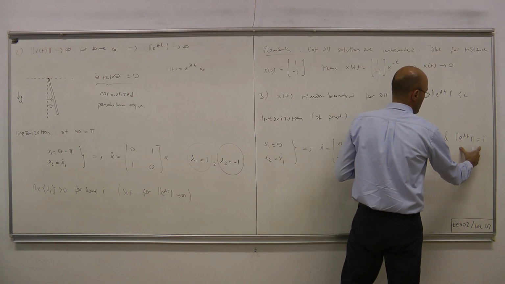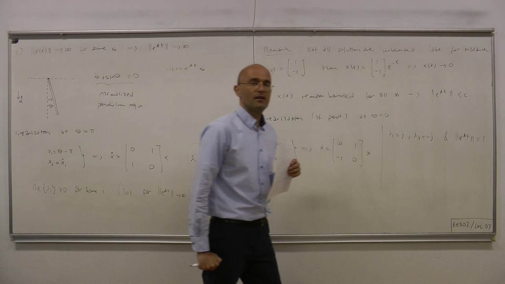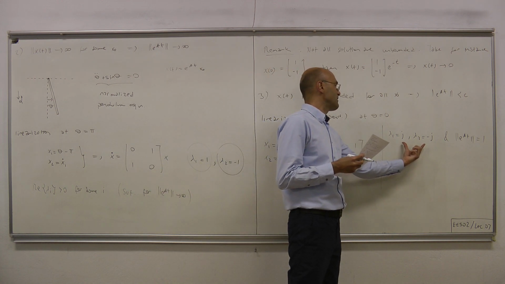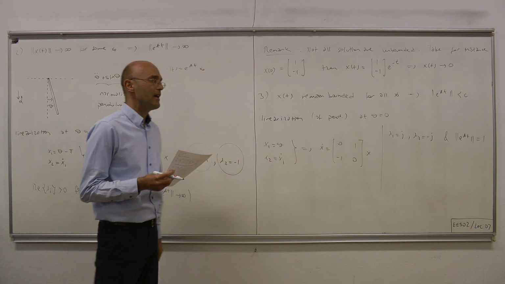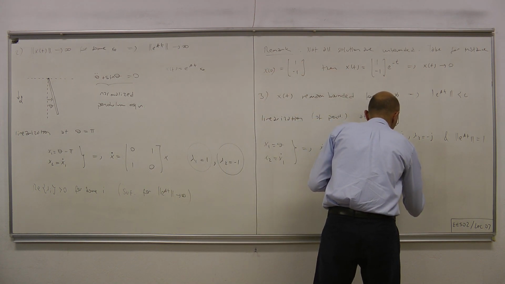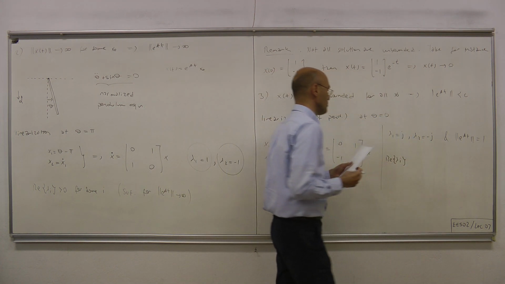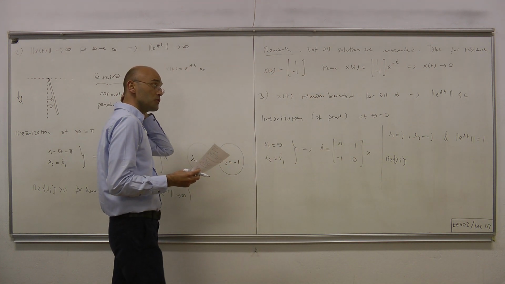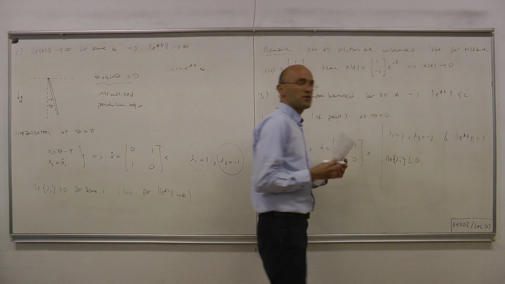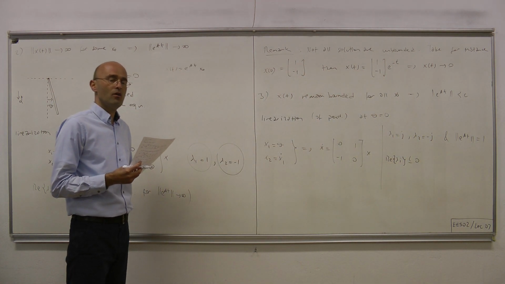So we have a bounded state transition matrix, and we have eigenvalues on the imaginary axis. And the observation that we want to make at this point is that all our eigenvalues have real parts that are either 0 or negative.